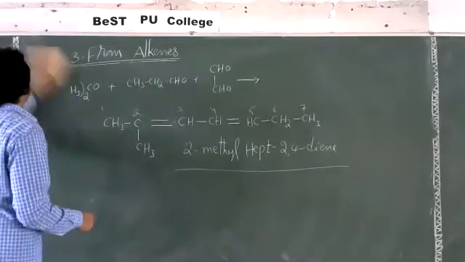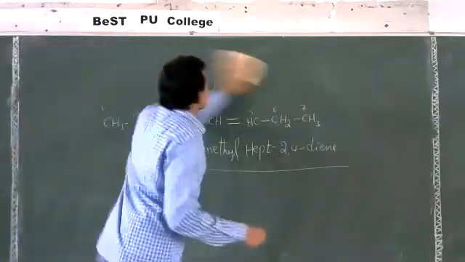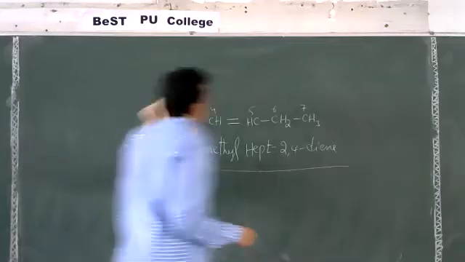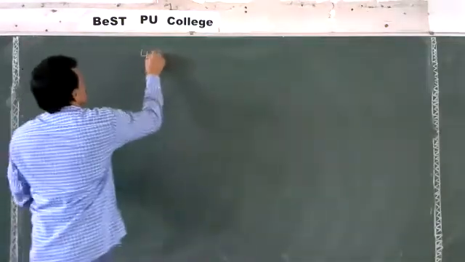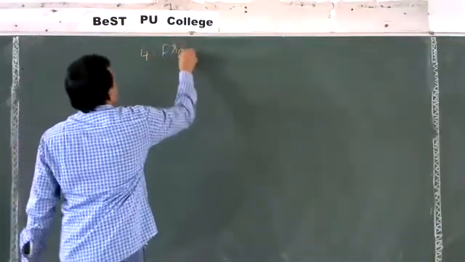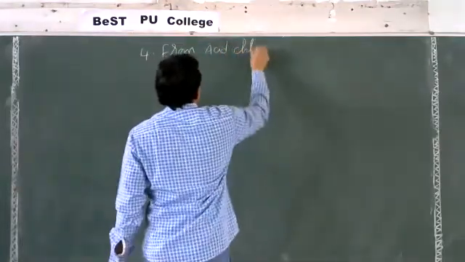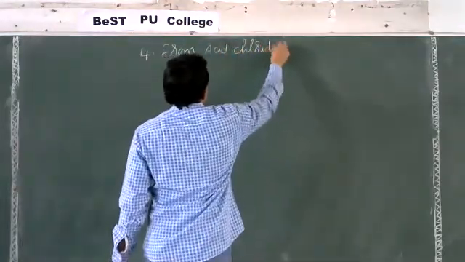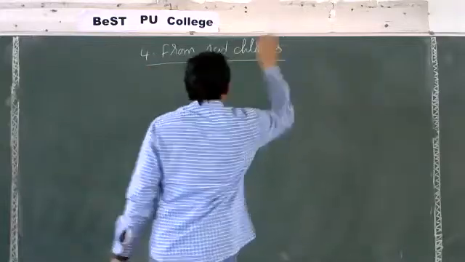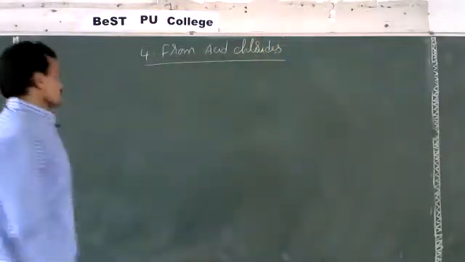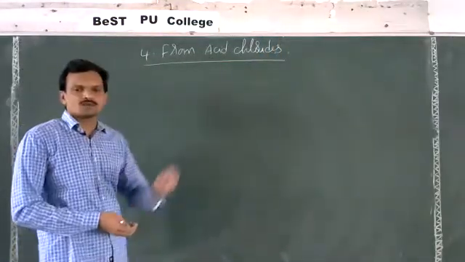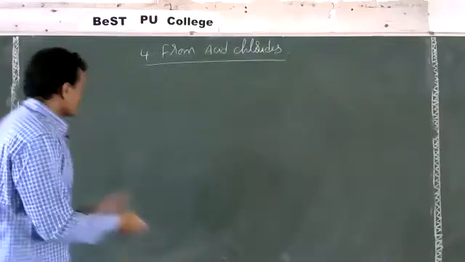Now we'll go for a fourth one, from acid chlorides. So preparation of aldehydes and ketones from acid chlorides.